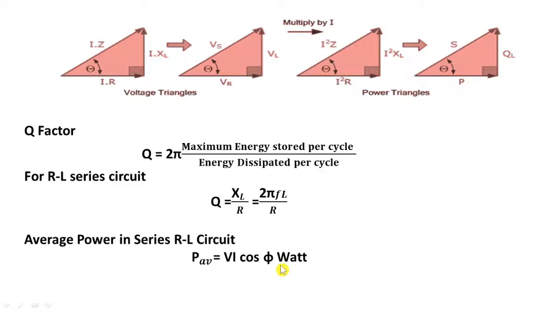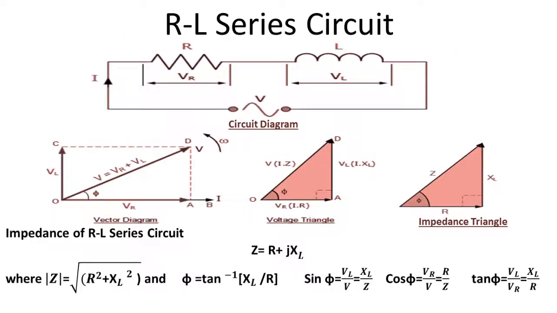We repeat one more time. It is called the RL series circuit because the resistor and inductor are connected in series. The voltage across the resistor is VR, the voltage across the inductor is VL, and this is the phasor diagram.